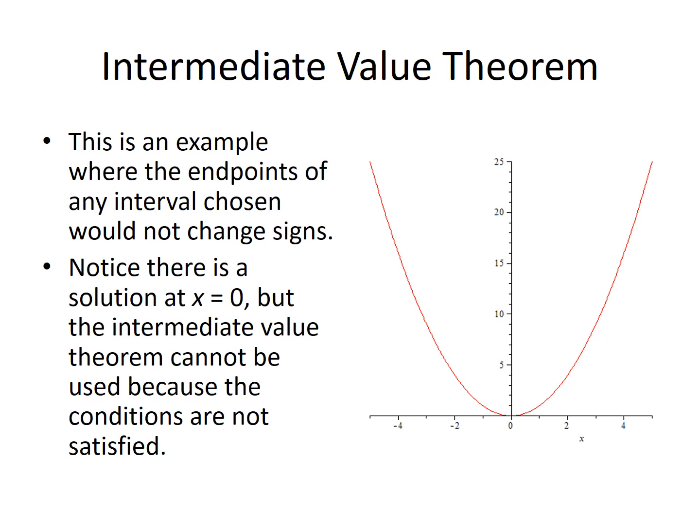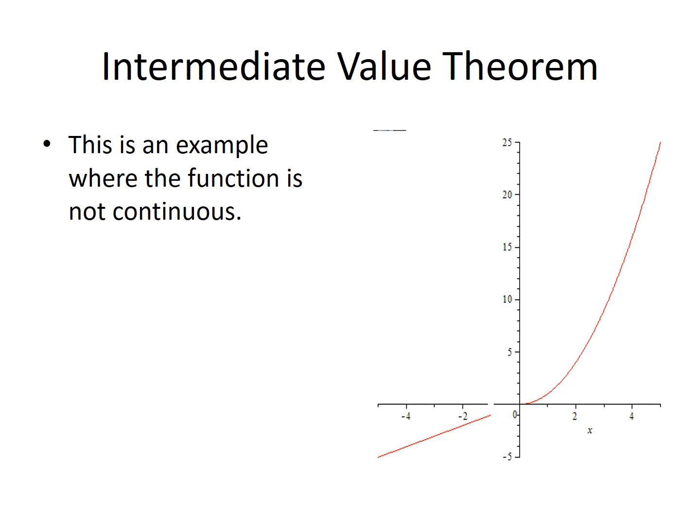But the intermediate value theorem cannot be used because the conditions are not satisfied. This particular example violates the condition that there would have to be a sign change in the output values at the endpoints of the interval for us to start drawing conclusions and saying there are going to be solutions somewhere in between. This next example violates the continuity requirement of the intermediate value theorem.